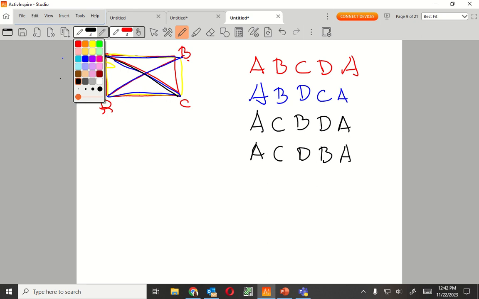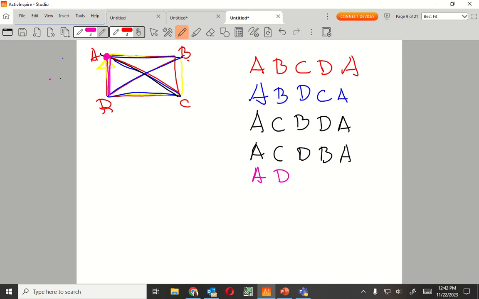Now let's go ahead and, so if I'm starting at A again, what's the direction I didn't go yet? AD. Very good, AD. So I'm going to go AD first then. So if I'm going AD first, A, D, what's the combination?